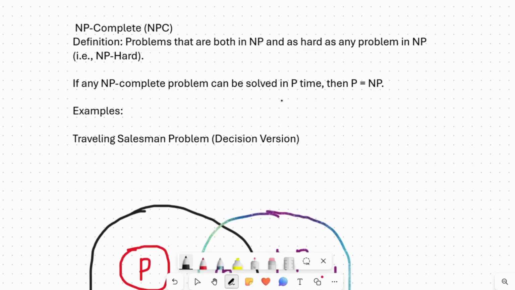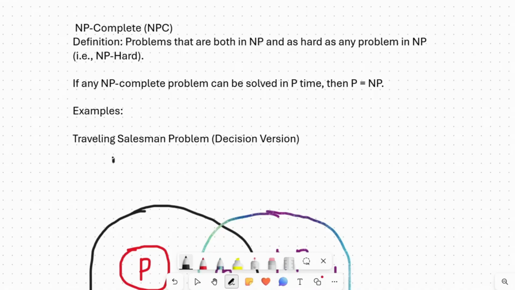It basically says that an NP problem can be solved in polynomial time or non-polynomial time. When it can be solved in polynomial time, then we can verify it in polynomial time.